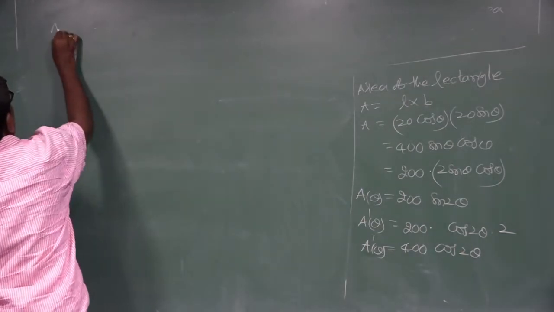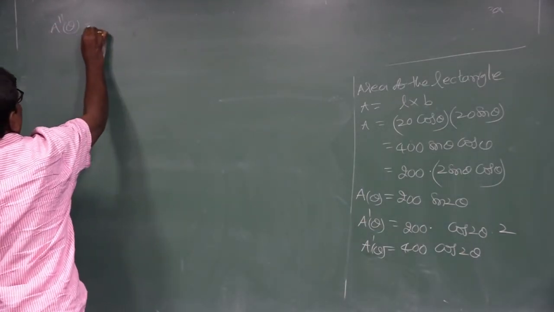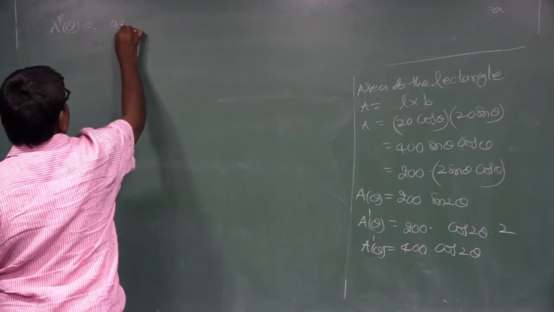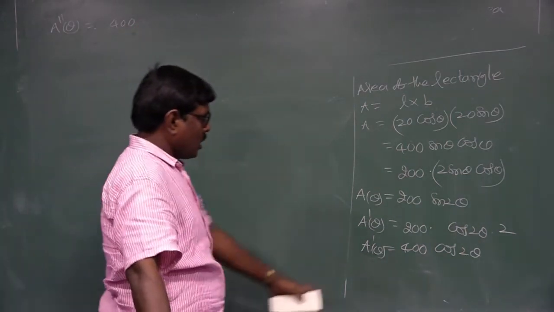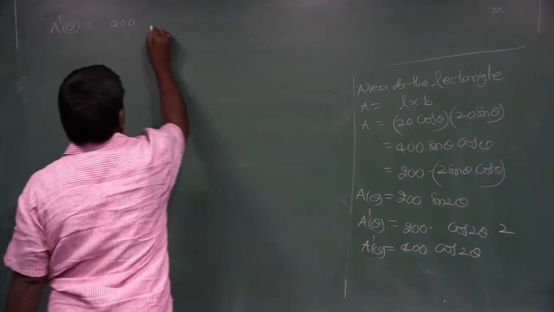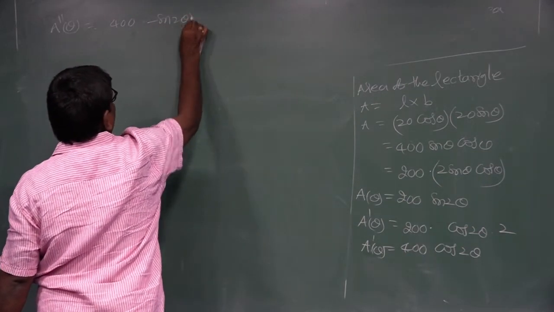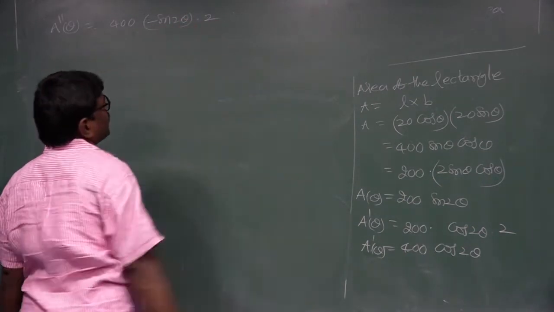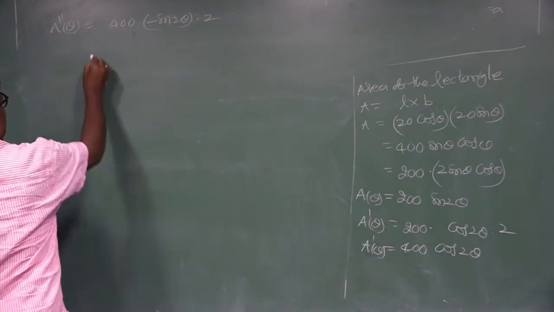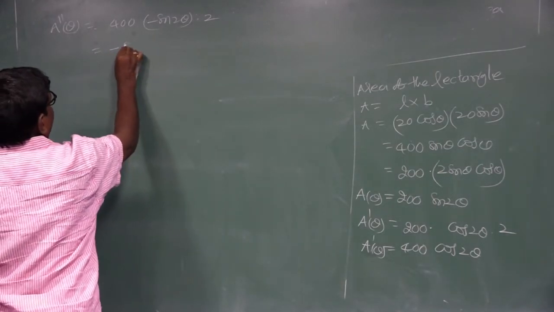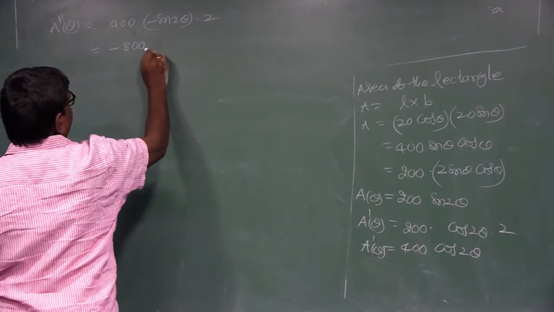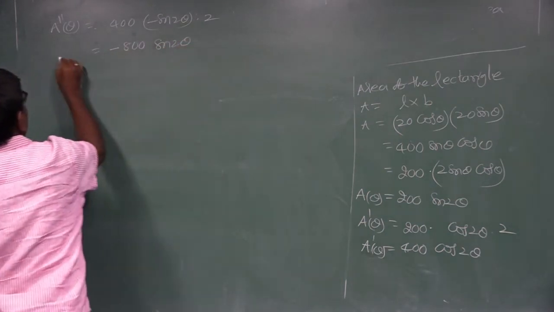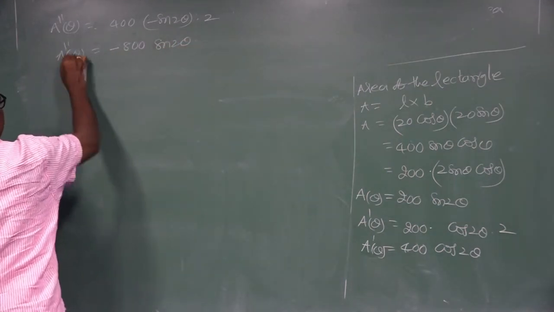Now A double dash theta equal to 400 into derivative of cos 2 theta is minus sin 2 theta into 2, inner derivative 2, equal to minus 800 sin 2 theta. This is A double dash theta.